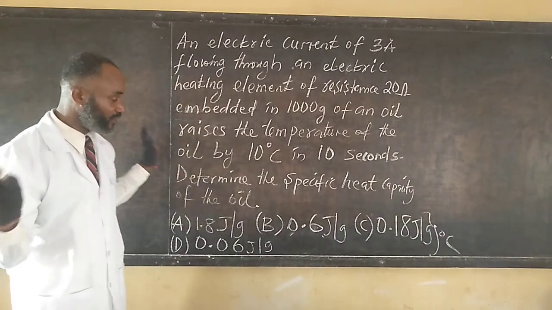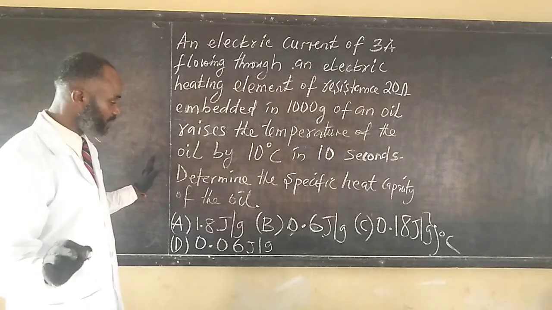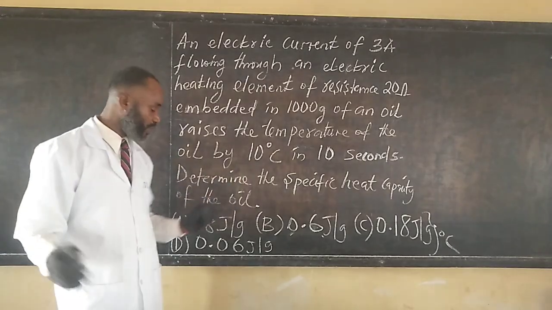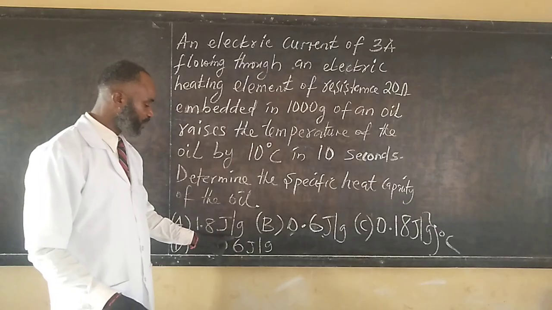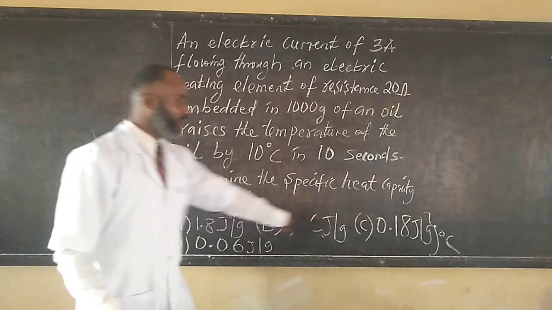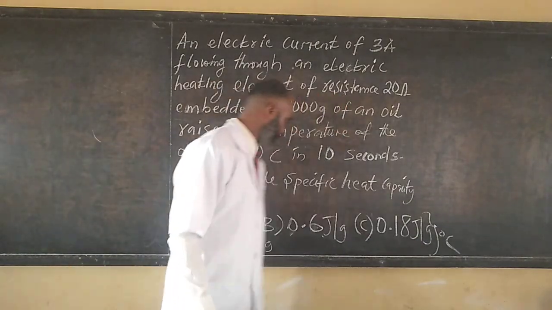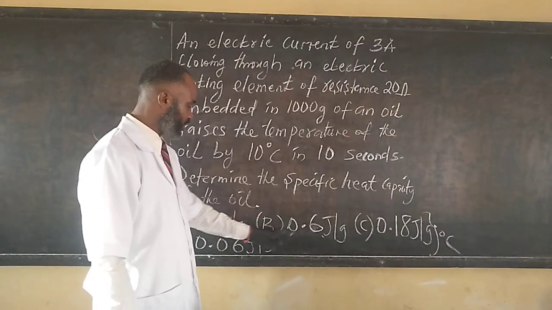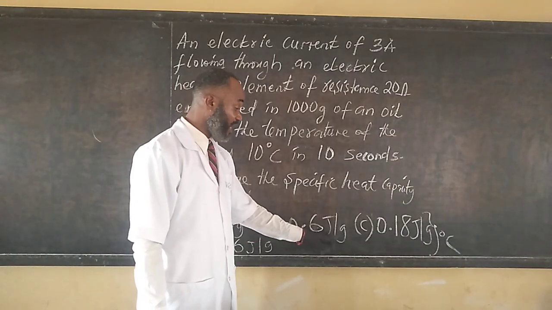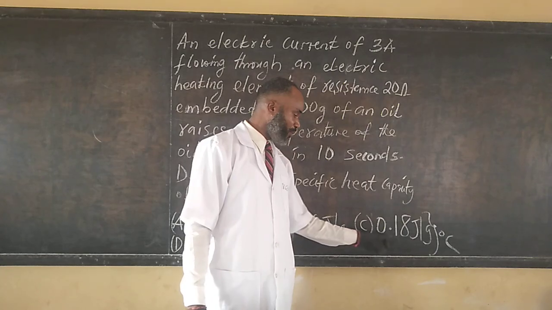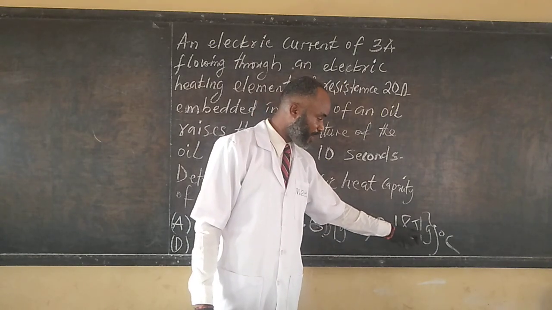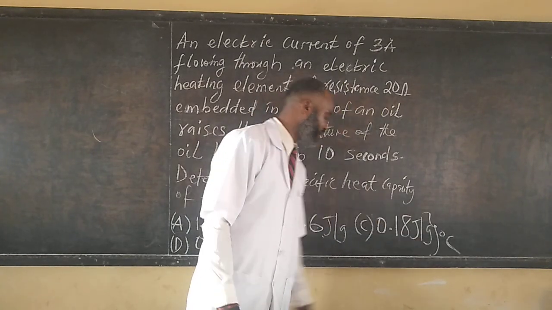Very simple. They just want us to determine the specific heat capacity of the oil. Option A, 1.8 joule per kilogram per degree Celsius. Option B, 0.6 joule per gram per degree Celsius. Option C, 0.18 joule per gram degree Celsius.